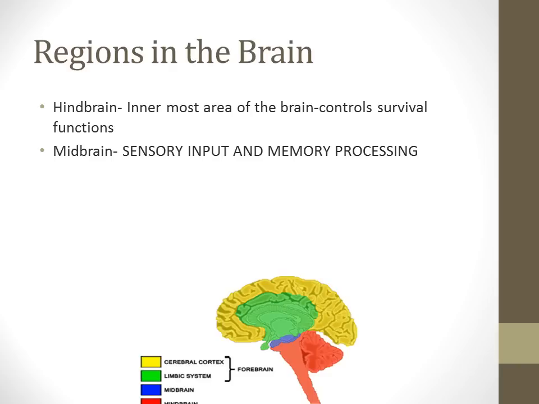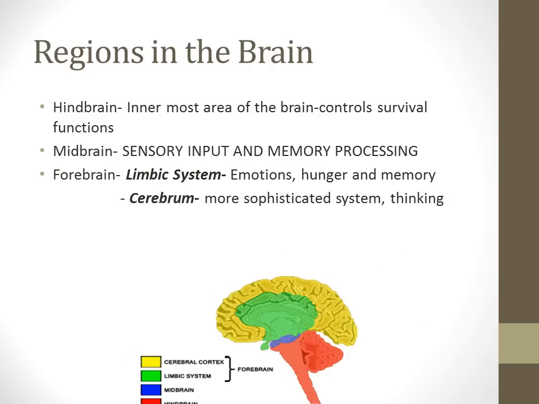You then have the forebrain, which I told you is broken down into 2 sections: the limbic system and the cerebrum, the cerebral cortex. The limbic system controls most of your emotions, hunger, and memory. A lot of those functions are processed in this area of the brain.